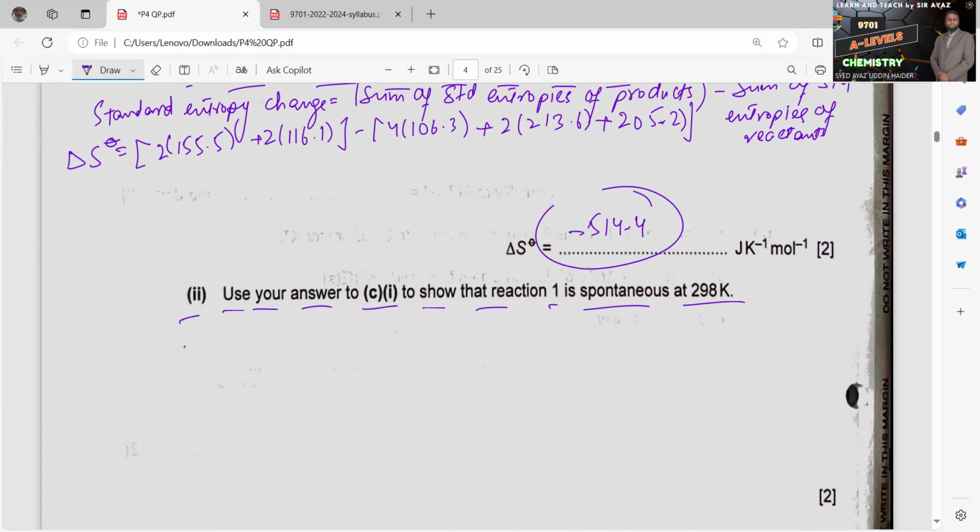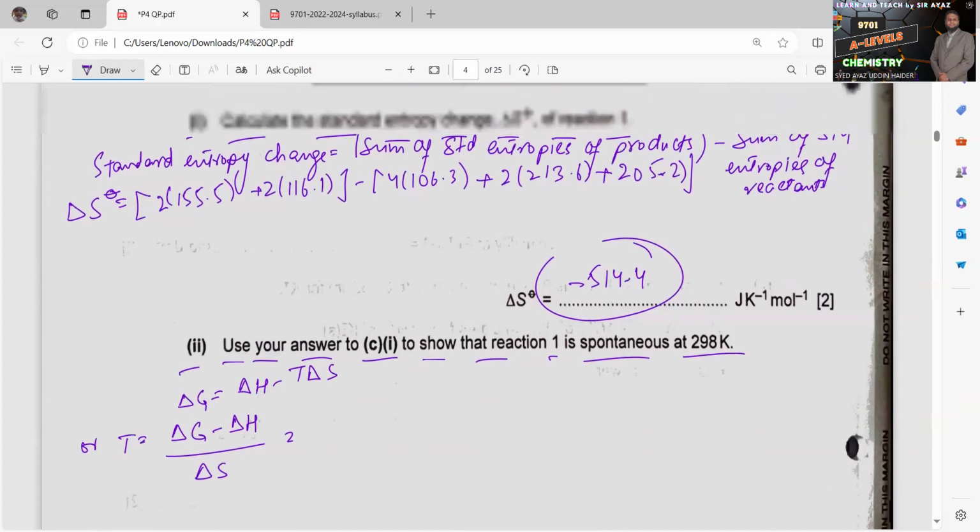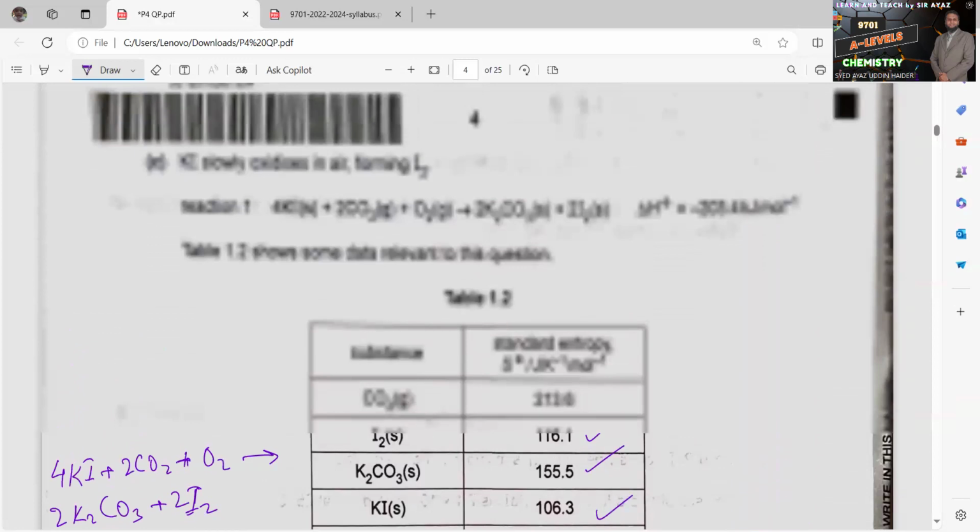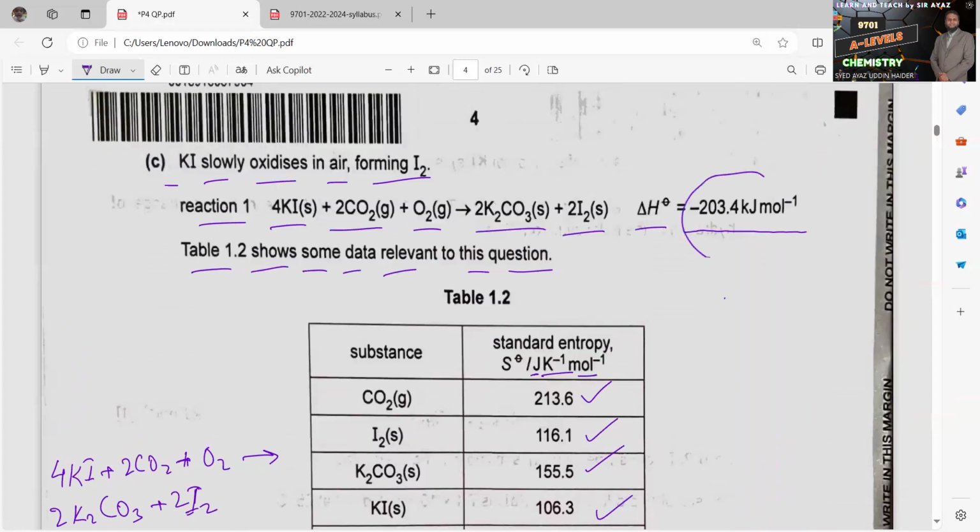We have the formula, delta G is equal to delta H minus T delta S. We have already calculated delta S. What about delta H? Delta H is provided, delta H is given, this is minus 203.4.